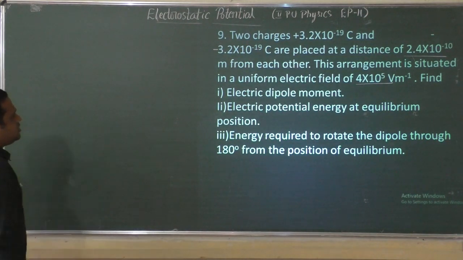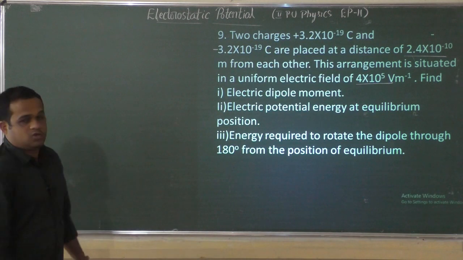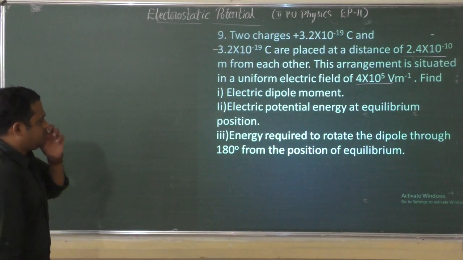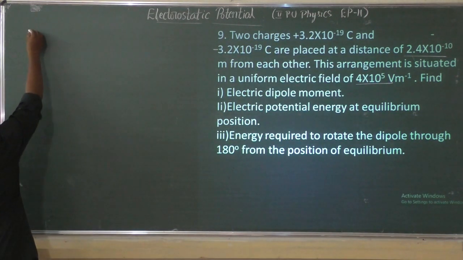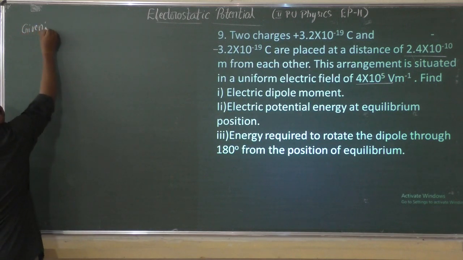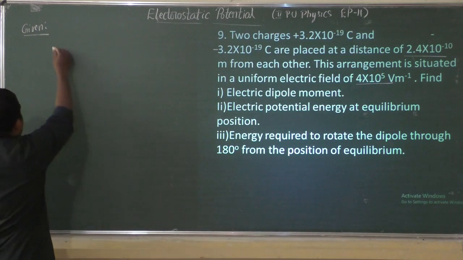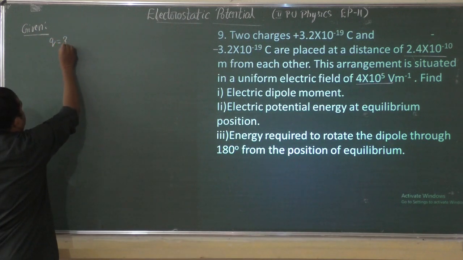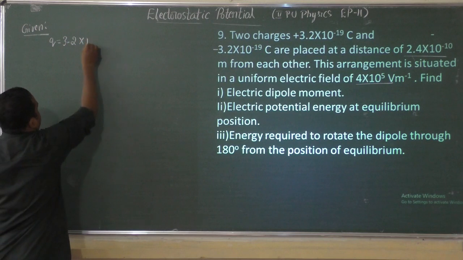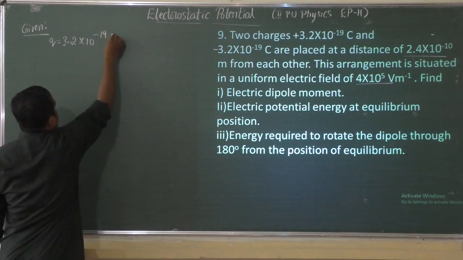Now if you consider the magnitude of charges, it is equal to 3.2 into 10 power minus 19. So if you list the given quantities here, magnitude of charge q is equal to 3.2 into 10 power minus 19 coulomb.